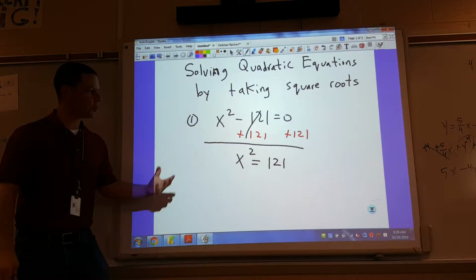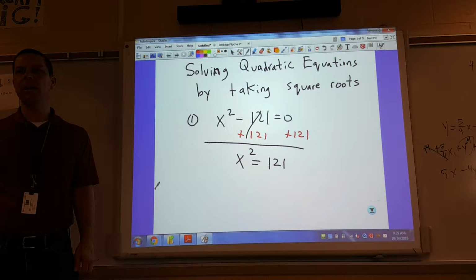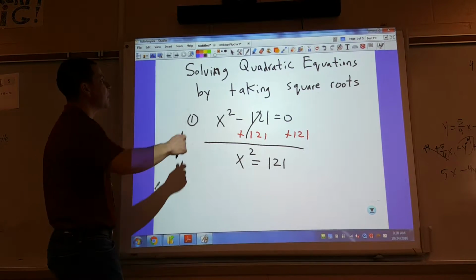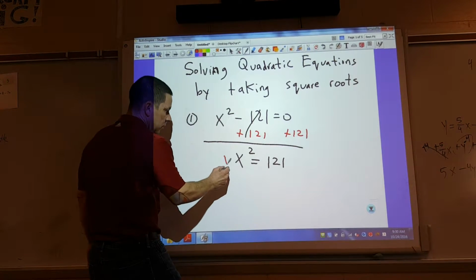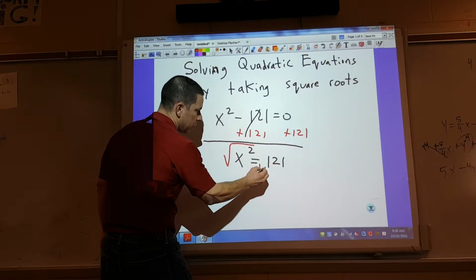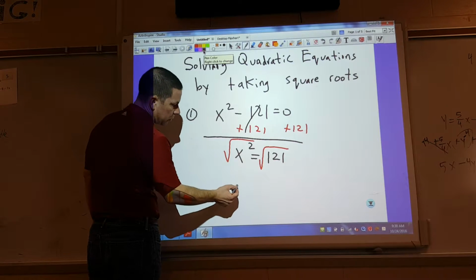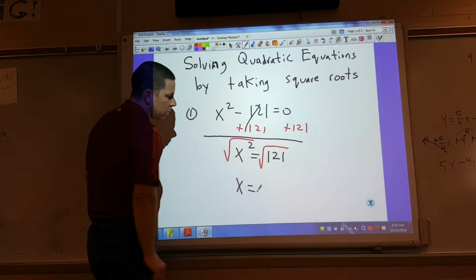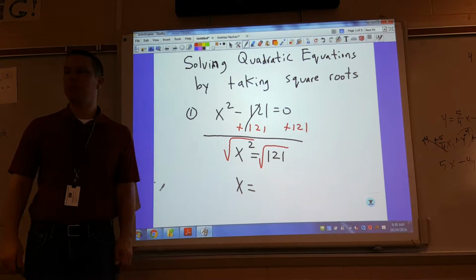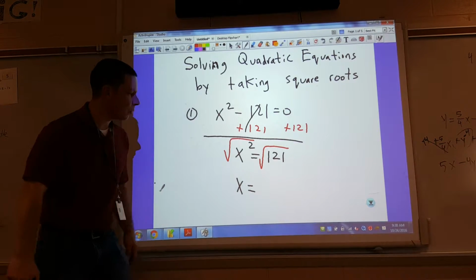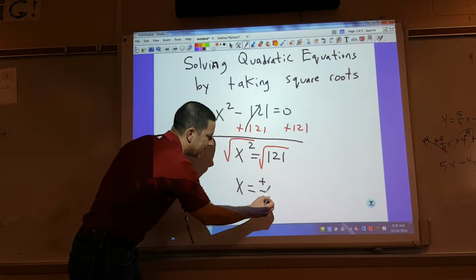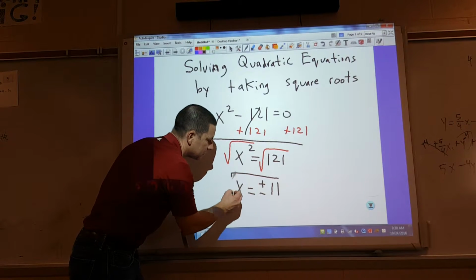Once we have the square term isolated, we can take the square root of both sides. So we take the square root of x squared and the square root of 121. We took the square root of x squared, so we would get x. The square root of 121, we do need to remember, has a positive and a negative answer. We will write that as plus or minus 11.